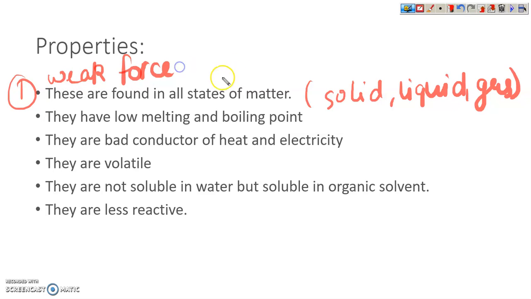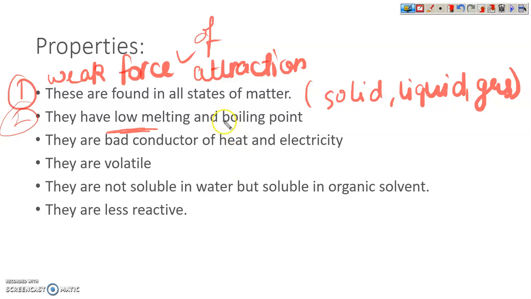This is the reason why. Now, they have low melting and boiling points because less energy is required to break the force of bonding. Therefore covalent compounds have low melting and boiling points. Remember, low melting and low boiling points.